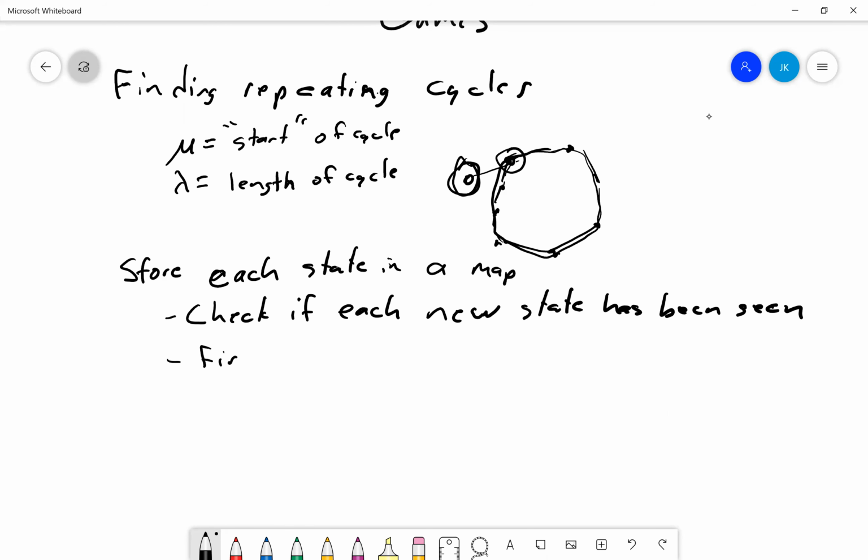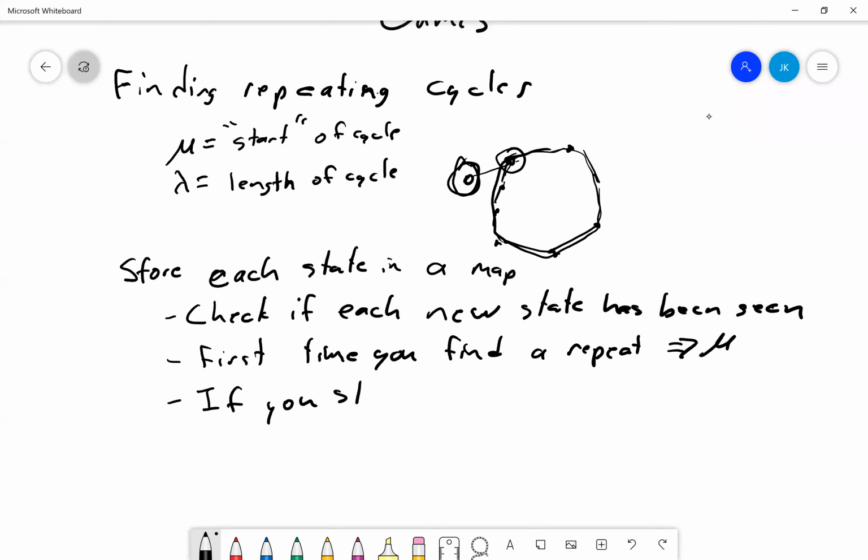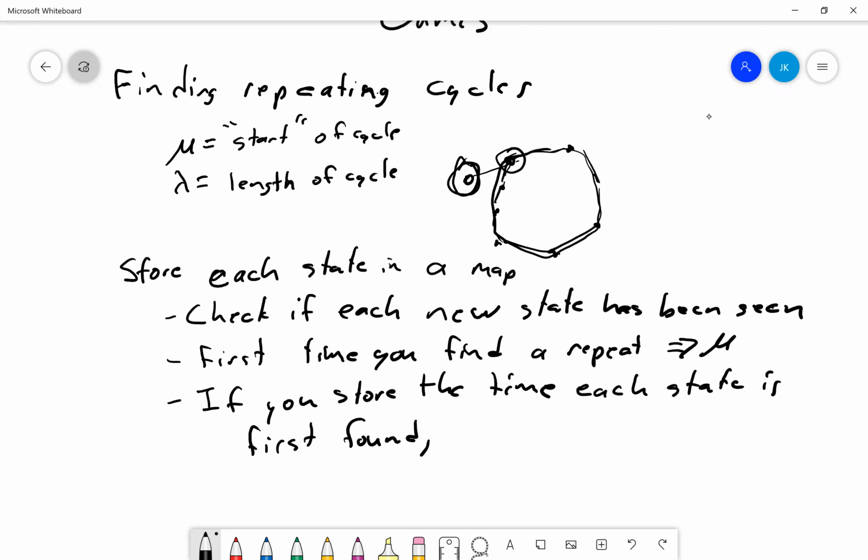The first time you find a repeat, that's going to tell you what mu is. That's going to tell you your start of the cycle. And if you store the time or the step that each state is first found, you can get lambda.